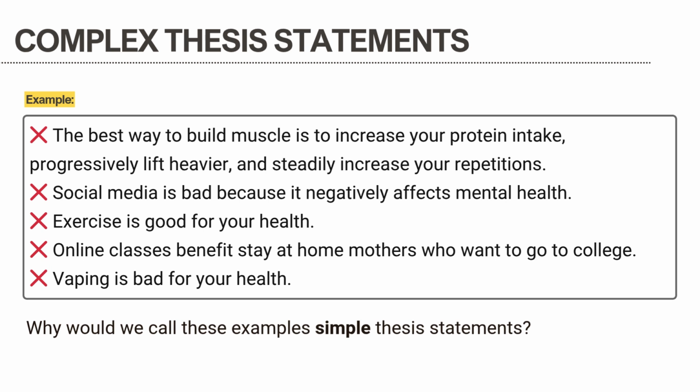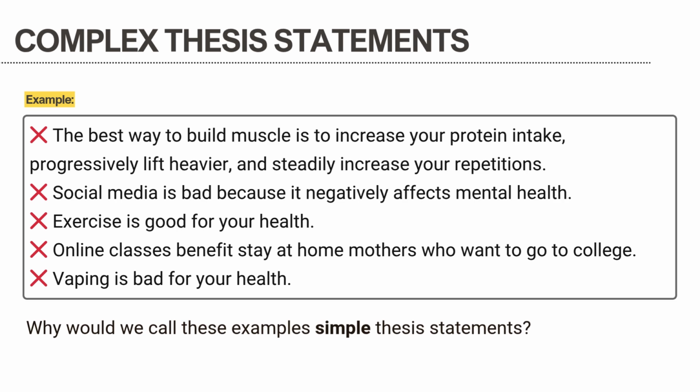So why would we call these examples simple thesis statements? So the first one, The best way to build muscle is to increase your protein intake, progressively lift heavier, and steadily increase your repetitions. I mean, yes, you could still kind of write a paper on this, but it's too simple because almost everyone believes this, right?